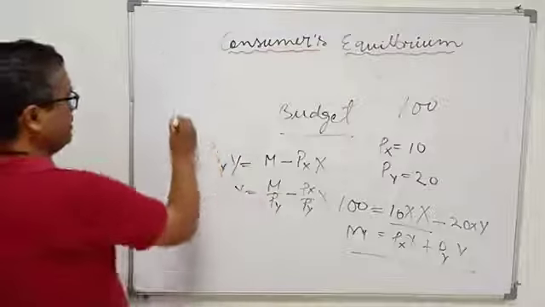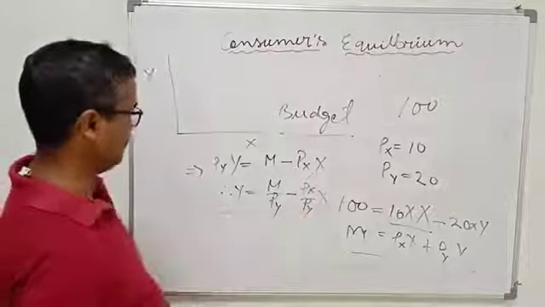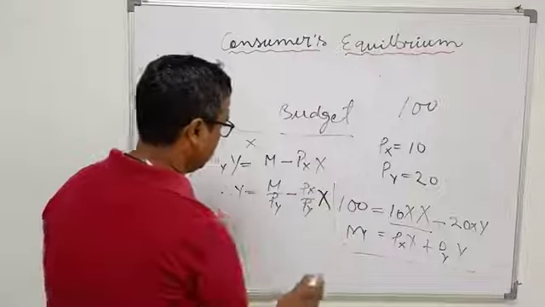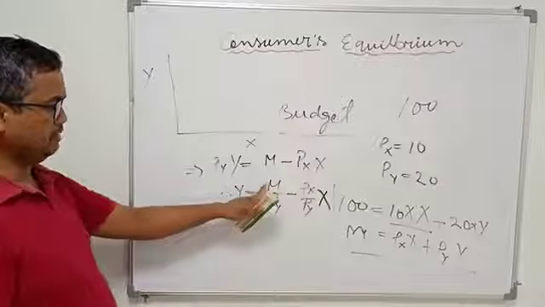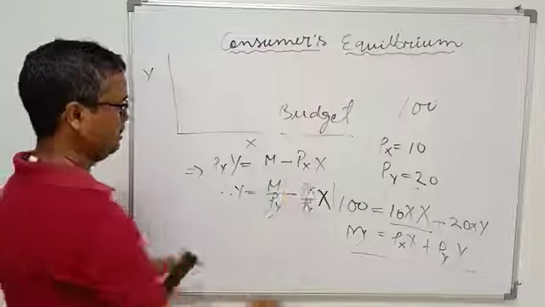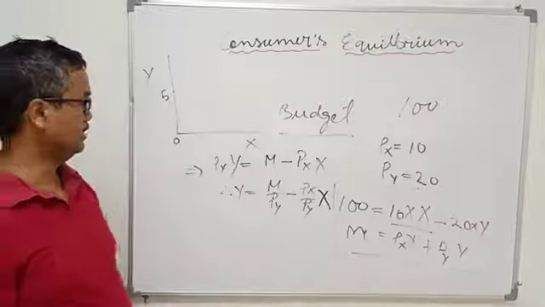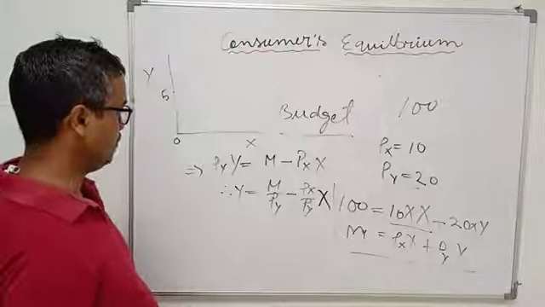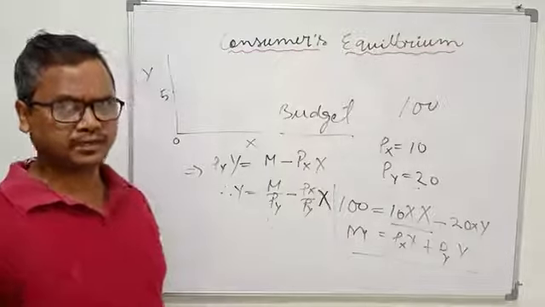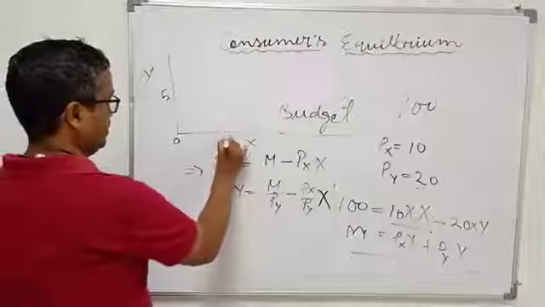Now in graph form, we measure good Y on the Y-axis and good X on the X-axis. Suppose you do not want to purchase X, and you spend the whole 100 rupees on Y. Since the price of Y is 20 rupees, you can purchase 5 units. If X is 0, you can purchase 5 units of Y. Or suppose you do not want to purchase Y, only X. With 100 rupees and the price of X at 10, you can purchase 10 units.